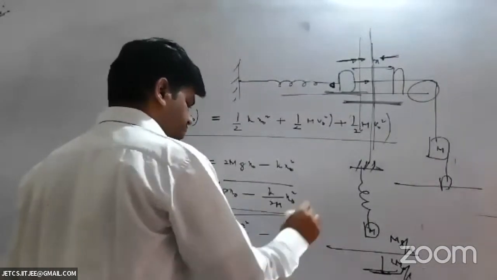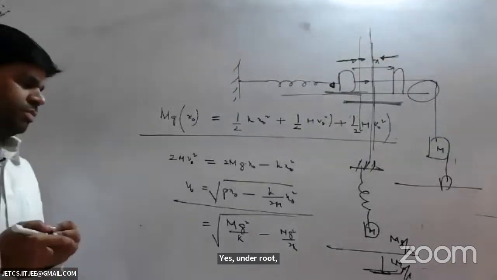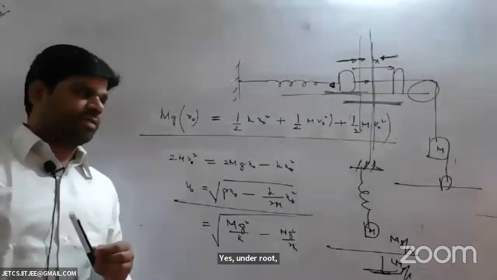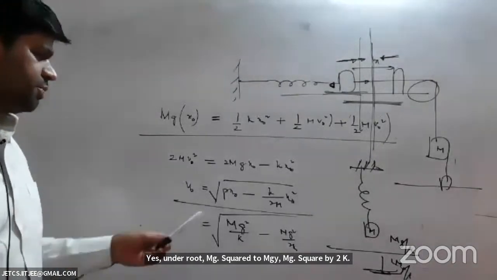Yes. Under root mg square by 2k. Okay sir. That's right. You're right. So that's the maximum speed we got.